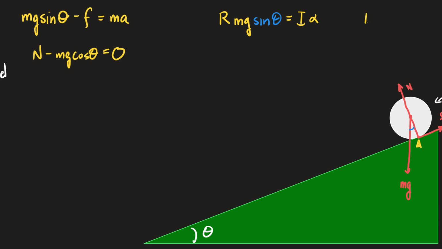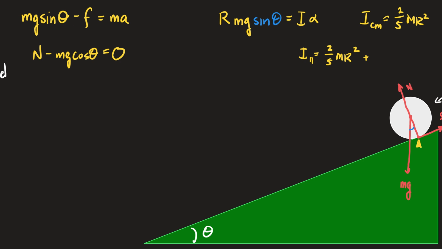The problem is that that's the moment of inertia about the center of mass, 2/5 mr squared. But we're not pivoting it about the center of mass. We're pivoting it about the edge. So we will have to use the parallel axis theorem. So we take the center of mass, 2/5 mr squared, and we shift it. How far are we shifting the axis?